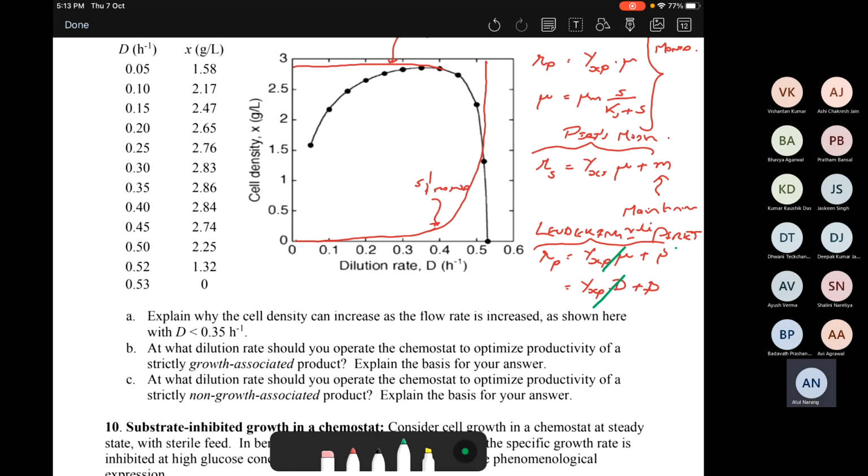And just keep in mind that the volumetric productivity is defined as Rp times X, the specific rate of product formation multiplied by X, just as biomass productivity is mu times X. Is that clear? Yes, sir. Any other questions?